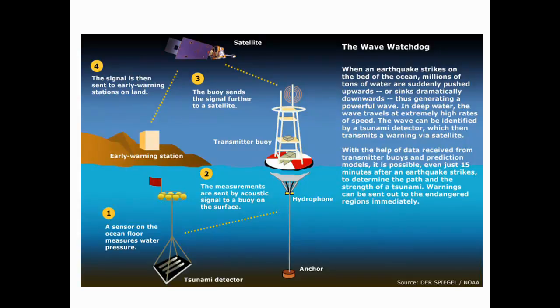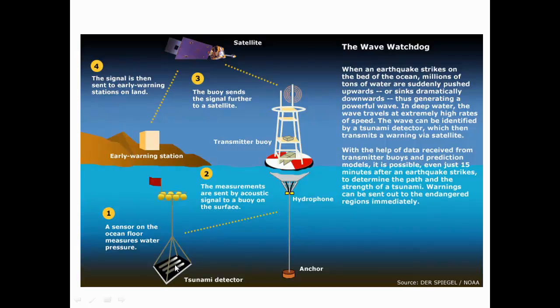Now this figure shows how tsunami detection systems operate within the deep ocean. Basically, we start out with a sensor on the ocean floor, labeled 1, which measures water pressure. So changes in the water pressure is a good indicator that a tsunami has been generated.